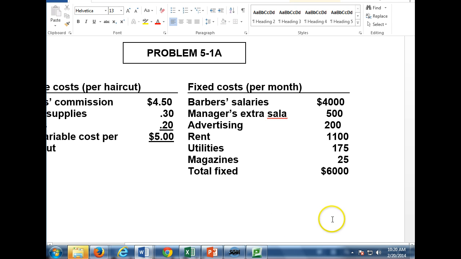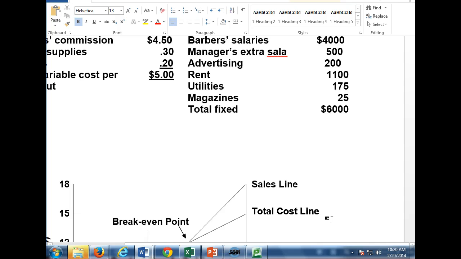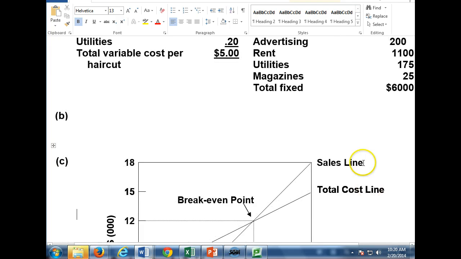So to break even, we need to determine the amount of haircuts we need to break even or the dollar amounts. How much do we sell a haircut for? $10.